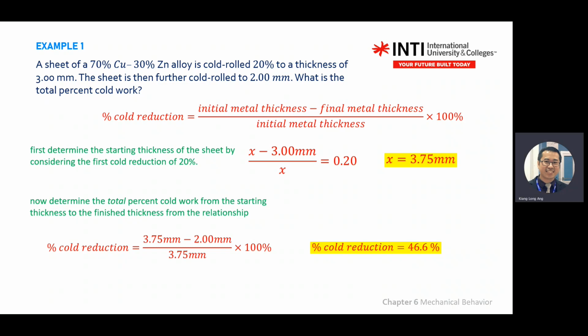So this example 1 asks you for the total, meaning from the start until the end. If the question is modified a little, giving you a few stations, then asking you to calculate cold reduction for each station and total reduction for the process, that means you need to calculate 4. For example, the one I drew on the whiteboard here. You have 4 calculations: if the question has 3 stations and asks for the total reduction, you calculate 4 calculations.